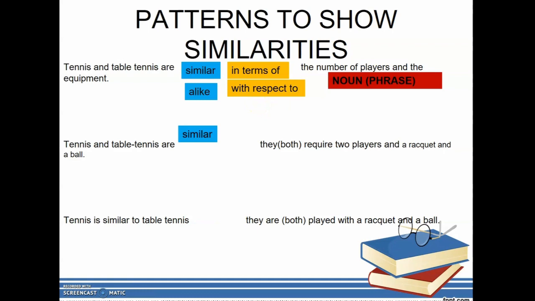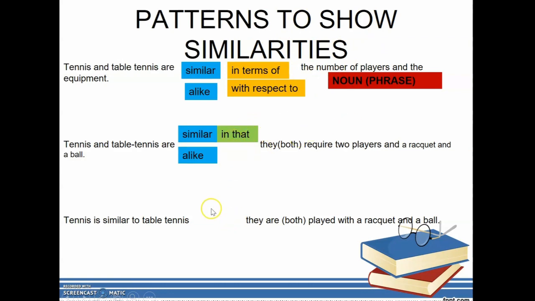So, tennis and table tennis are similar or alike. Again, you can say in that they both require two players and the racket and the ball. So we see the basis of comparison here, and we use the structure in terms of and in that or with respect to. We have noun phrases or nouns after these, and we have a full sentence after in that.